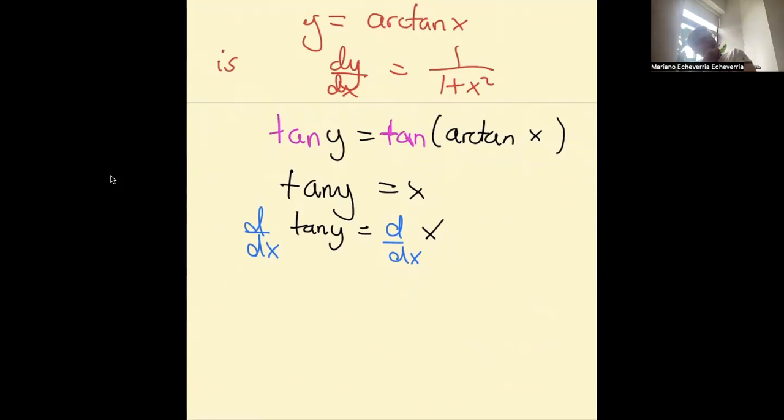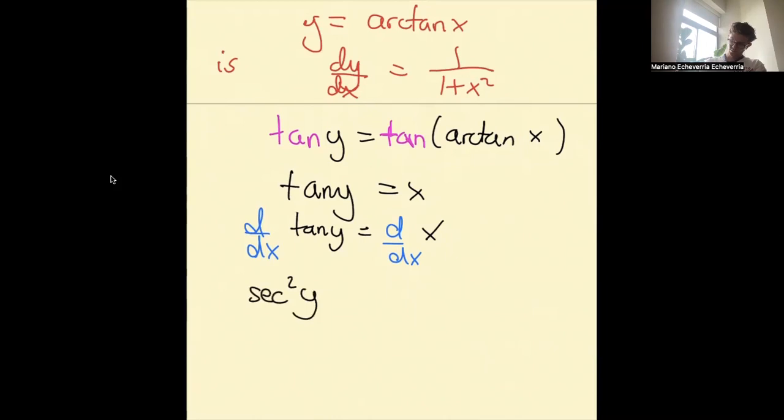The derivative of tangent is secant squared. So you get secant squared times the dy/dx. Am I missing something? What else should I put here? Times the dy/dx, good.